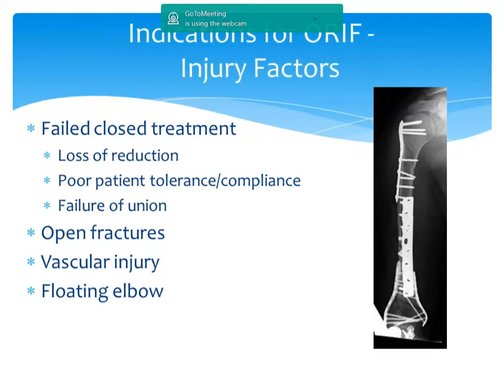That is an indication for open reduction. Open fractures must be treated with surgery, no alternative. And vascular injury: you have to do surgery again, because we need to explore the vascular structures where they are injured and repair them.